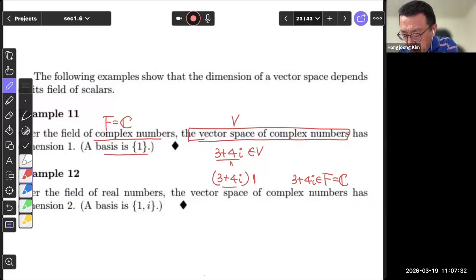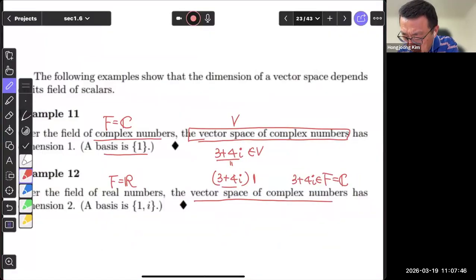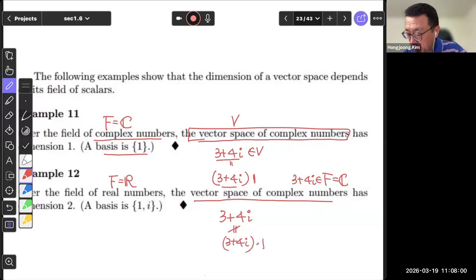But for the same space, if you restrict your scalar field to the real numbers, then 3 plus 4i cannot be written as 3 plus 4i times 1 in this case, because this 3 plus 4i is not in the real scalar field.